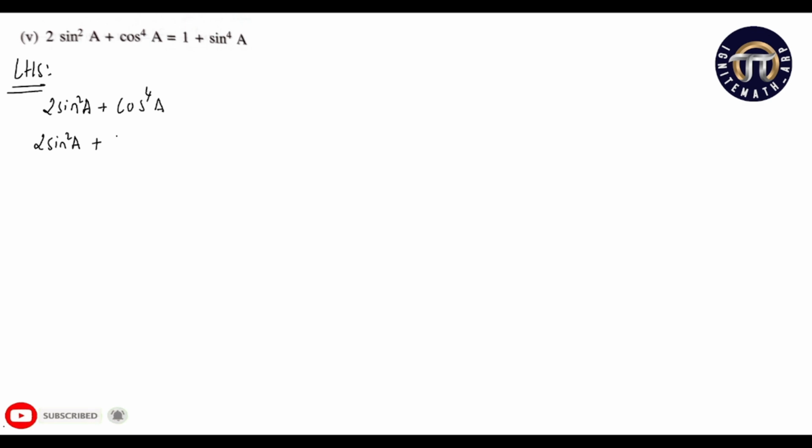Cos to the power of 4a can be written as cos square a the whole square. So now I can write this as 2 sine square a plus, of this cos square a is 1 minus sine square a, the whole square.